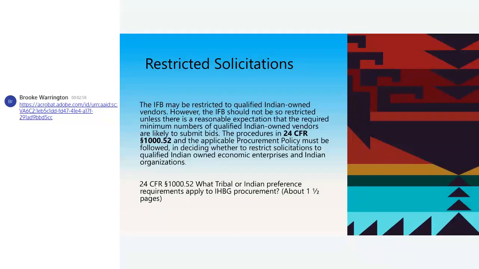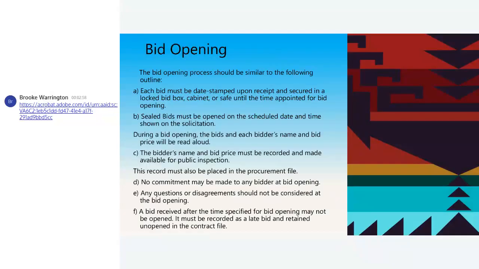The procedures at 1052, your applicable procurement policy, must be followed in deciding whether to restrict solicitations to qualified Indian-owned economic enterprises and Indian-owned organizations. 24 CFR 1052, what tribal or Indian preference requirements apply to procurement? And it's about 1.5 pages long. Okay.